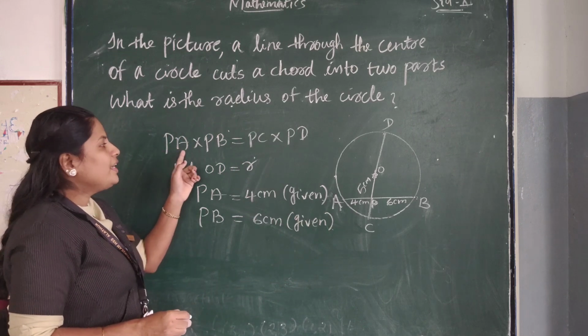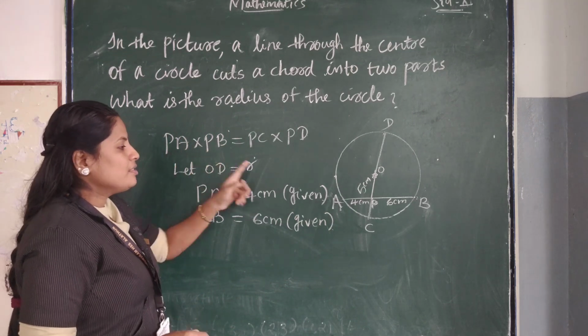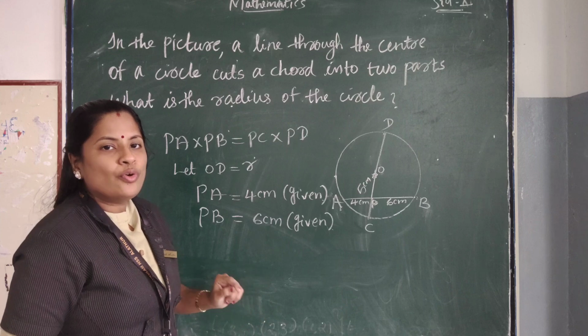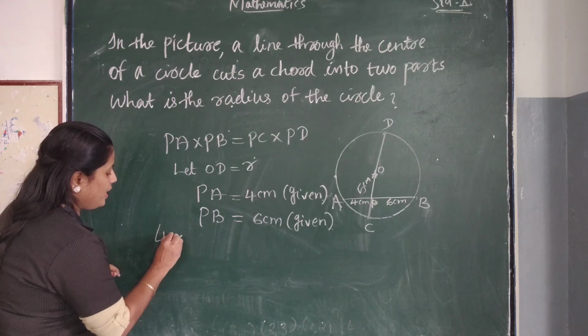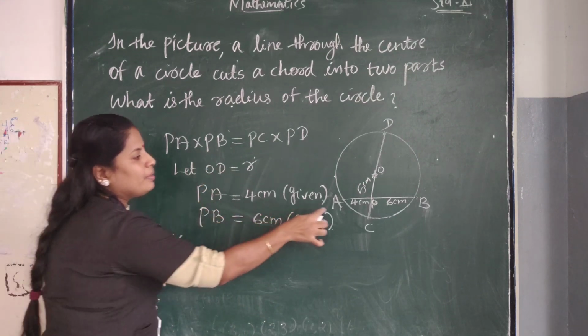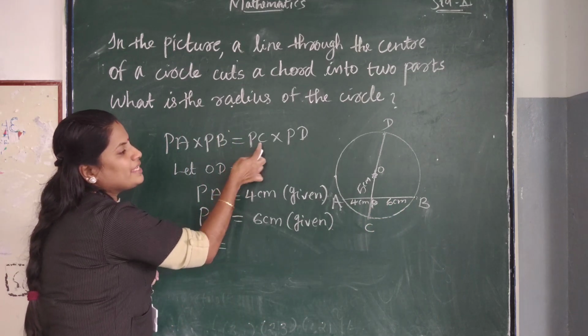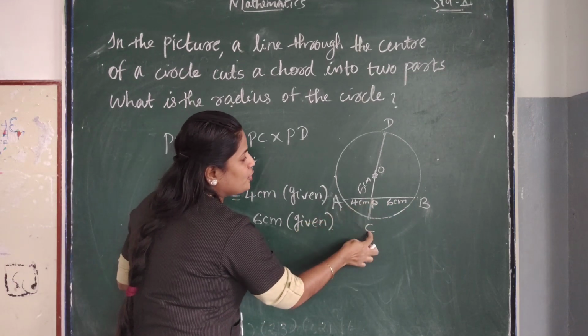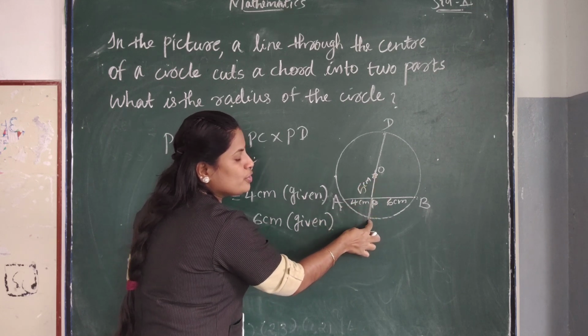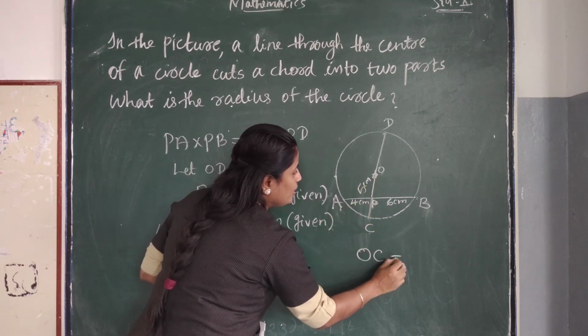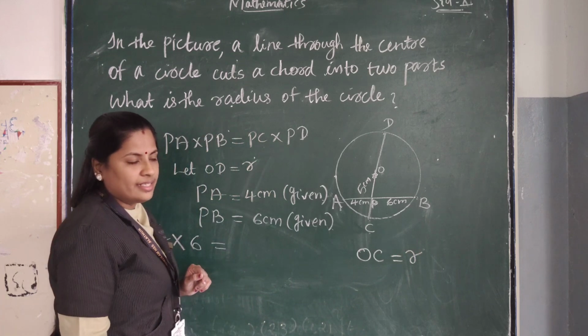Okay, then we can substitute. PA equal to 4 cm. So 4 into PB, PB equal to 6, equal to PC into PD. PC is P to C. That is O to C. That is OC equal to R, the radius.